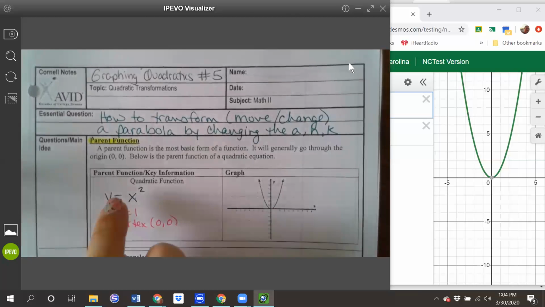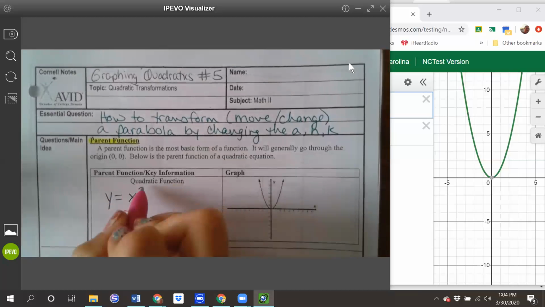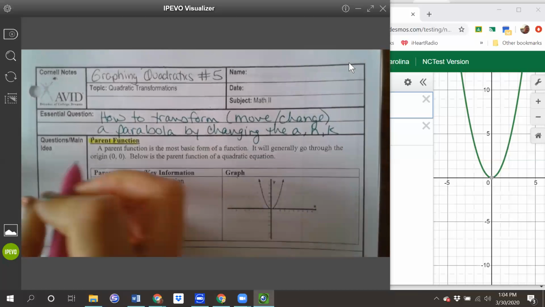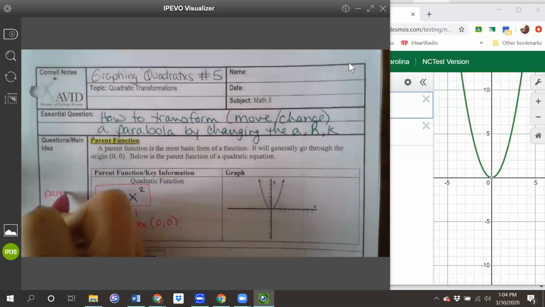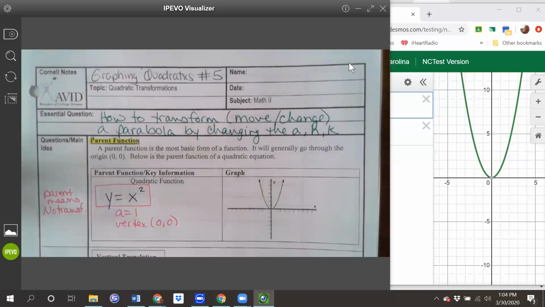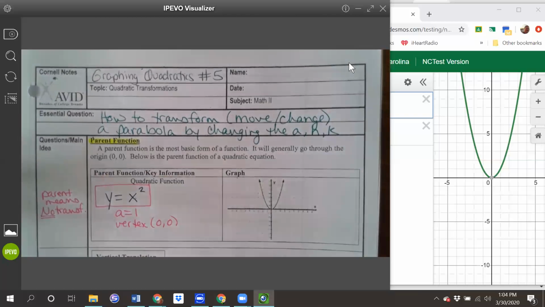That's the parent function. The parent means that no transformations have occurred. That is the most basic.